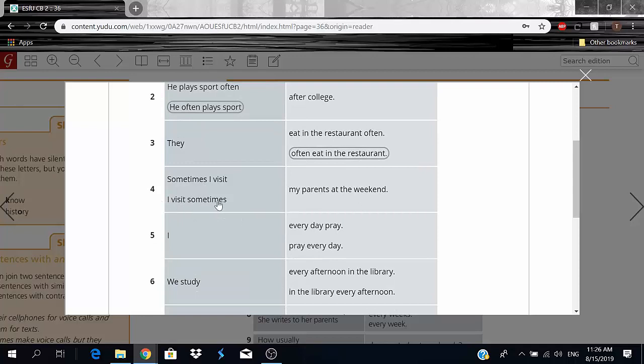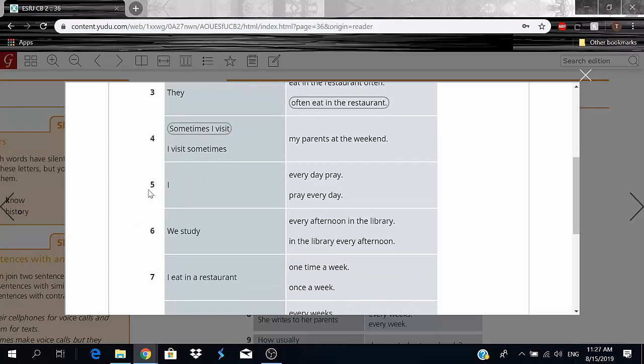I visit sometimes, or sometimes I visit my parents at the weekend. That's correct. Number 1. So sometimes I visit my parents at the weekends. And can you guys tell me why I chose sometimes I visit and not I visit sometimes? That's correct, because I'm using the order of the word sometimes, or the frequency adverb sometimes. Okay? And that's how it's supposed to be written.